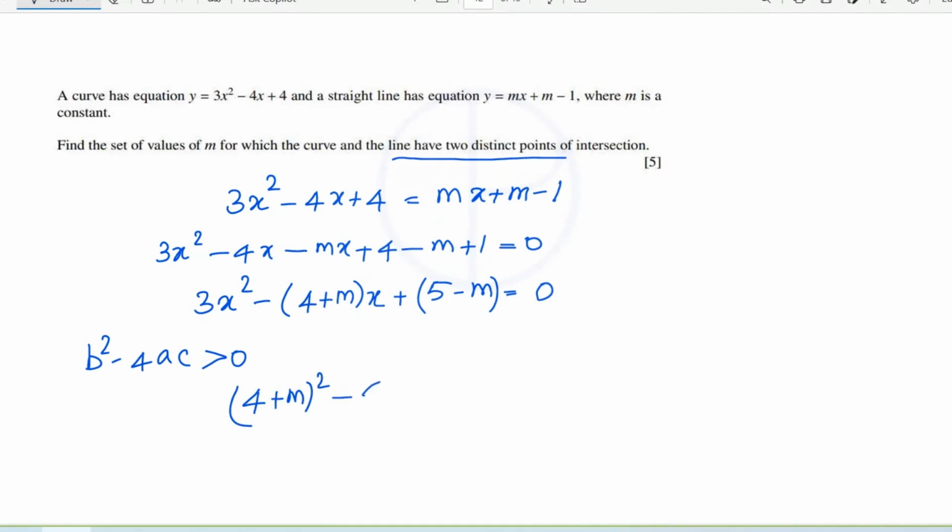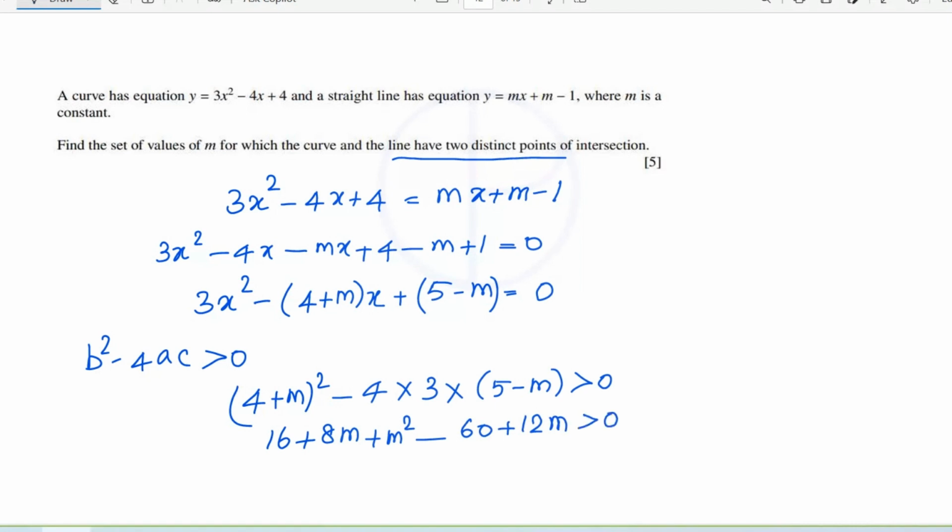Minus 4 multiplied by a is 3 and c is 5 minus m, and this is greater than 0. So 16 plus 8m plus m squared minus 12 into 5, so 60 plus 12m, is greater than 0. So m squared plus 20m minus 44 is greater than 0.